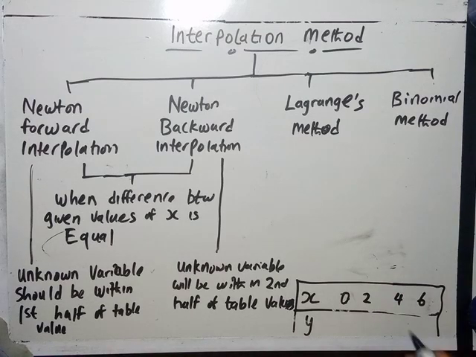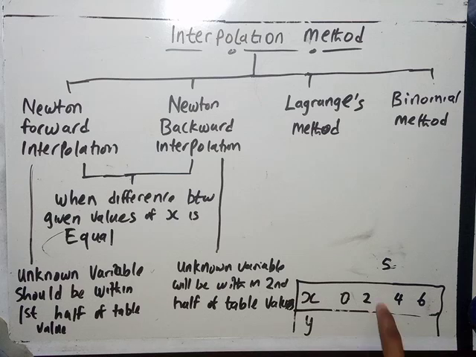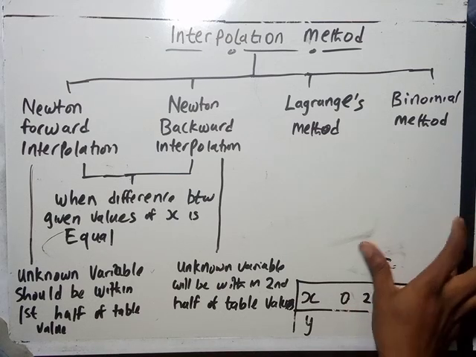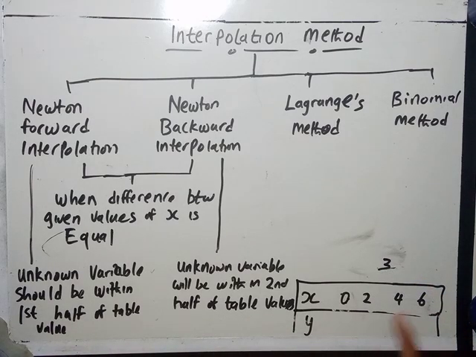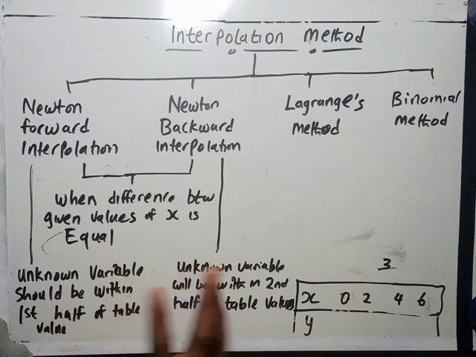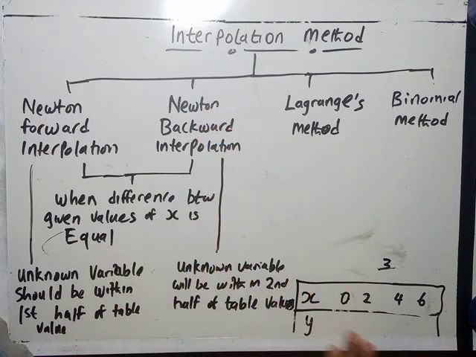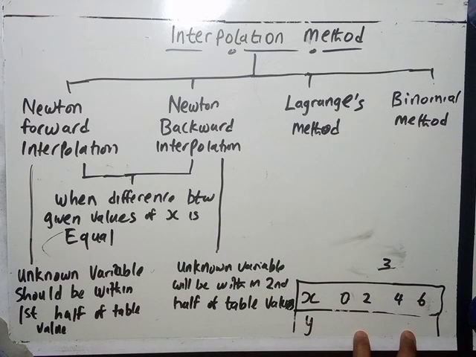And you're asked to find, sorry, you have to find 3. Definitely your 3 will fall in between your 2 and your 4. So in this case, you can use either your Newton forward interpolation or your Newton backward interpolation. Whatever method you use will work in this situation.